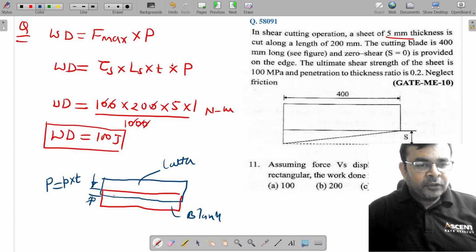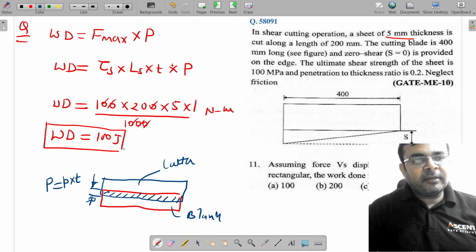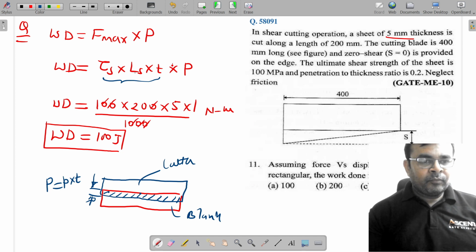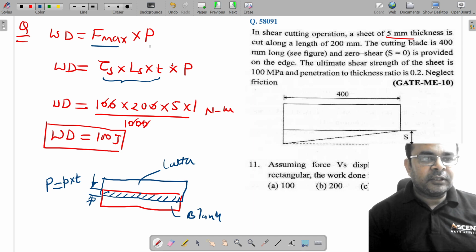Yes or no? So we need to calculate the energy required for this much cutting. That's why I'm writing the maximum shear force required and how much penetration, or how much the tool has traveled. So work done is nothing but force into tool travel, yes or no? The maximum force is tau s into L into T, and the maximum travel of the tool is p. Correct? That's why we multiply by p, yes or no? So I hope you understand this concept.